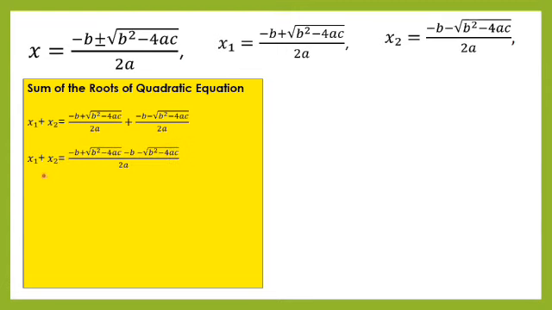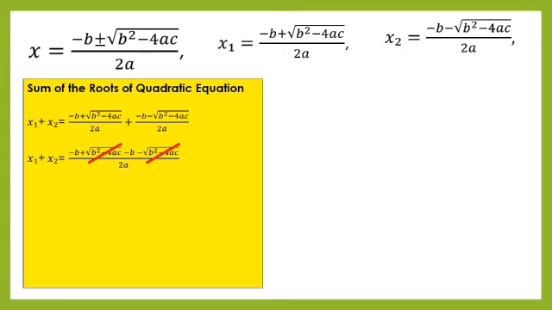We now have negative b plus the square root of b squared minus 4ac, minus b minus square root of b squared minus 4ac, all over, we copy the same denominator. And then, we can cancel out square root of b squared minus 4ac and negative square root of b squared minus 4ac.